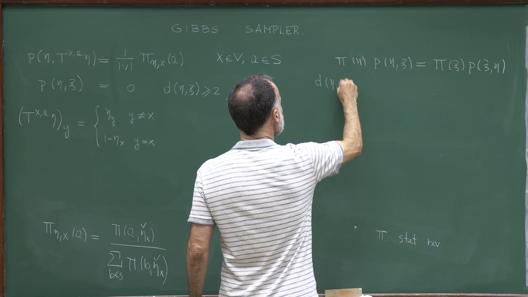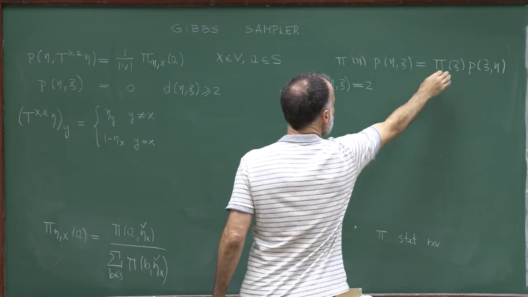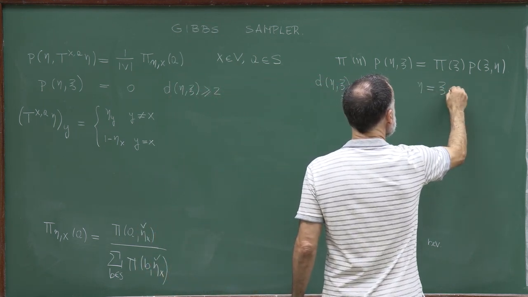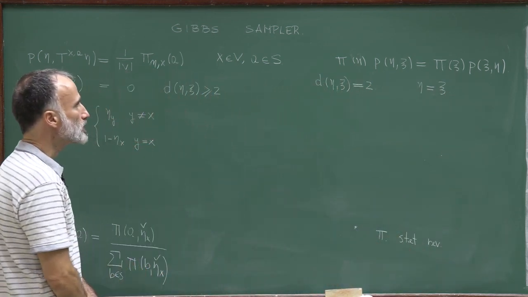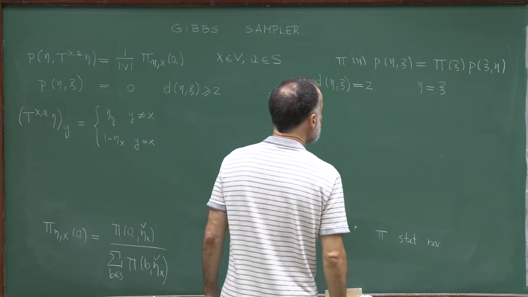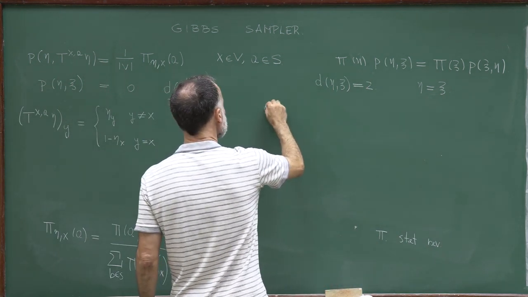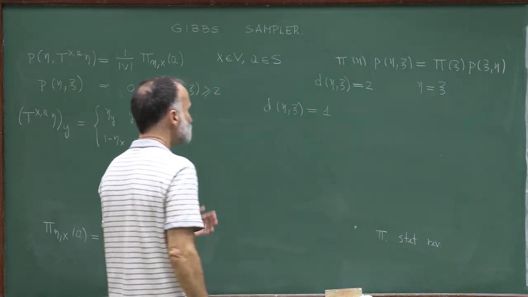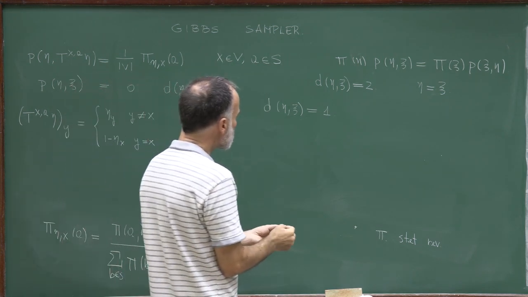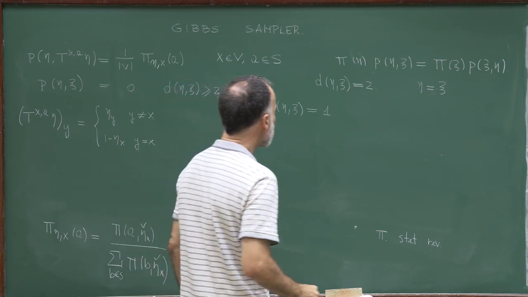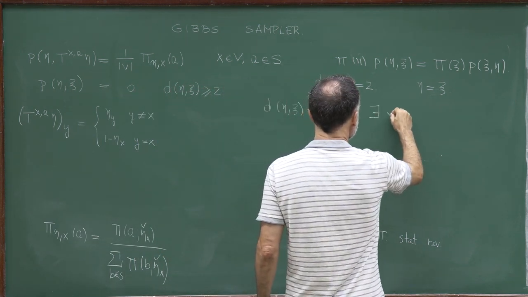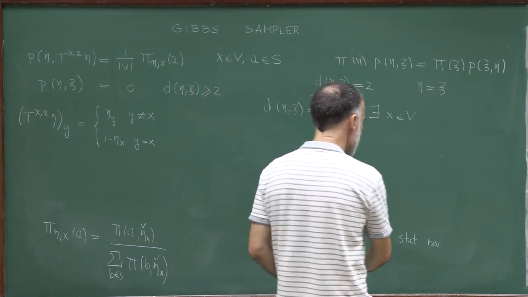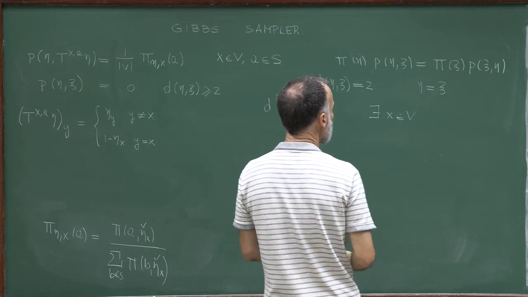If the distance between eta and xi is larger than 2, these probabilities are equal to 0, so this is an identity. And if eta is equal to xi, this is also easy because it's a tautology. Then we have to consider the important case, in which the distance between eta and xi is equal to 1. If the distance is 1, this means that they differ at one site. So there exists x in V such that they are equal on the other sites, and they differ at one site.